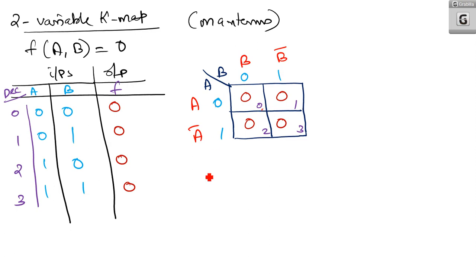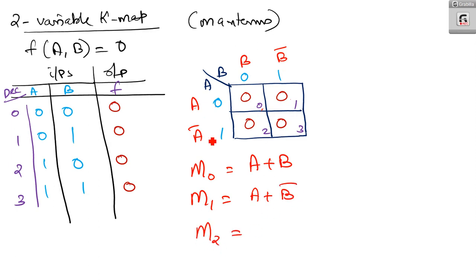Capital M0 is equal to, here you should go with OR, so that is 0, so you will get A or B. M1 is A or B bar. Capital M2 is A bar or B. The last one, M3, is A bar or B bar.